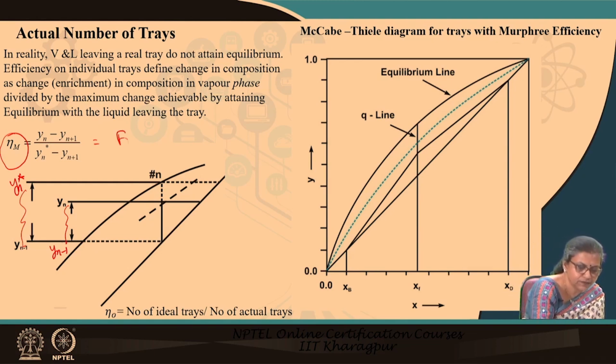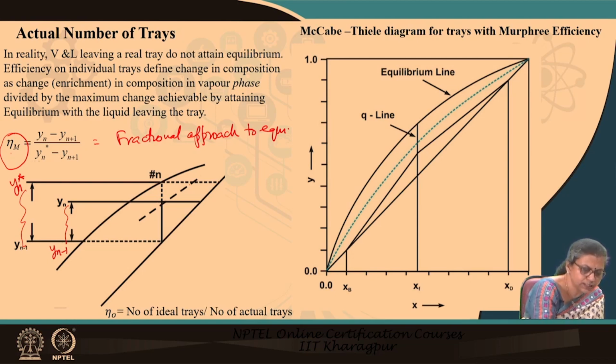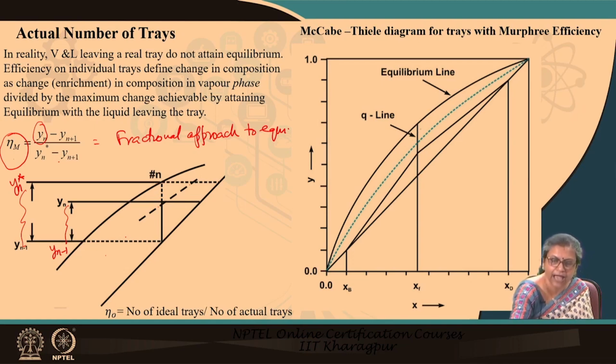This basically gives us the fractional approach to equilibrium for each particular stage. So, if we know the Murphy tray efficiency, then for each and every point, multiplying this with this, we can locate yn corresponding to each particular x, and then through all these points we can draw the actual curve between which and the operating line the mass transfer will take place.